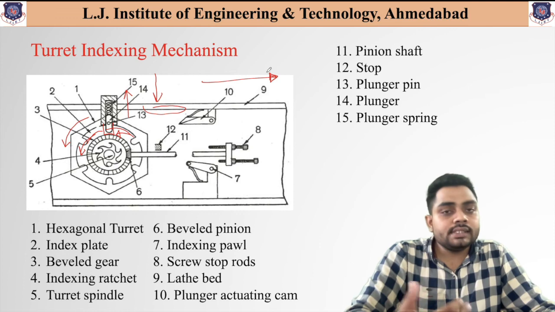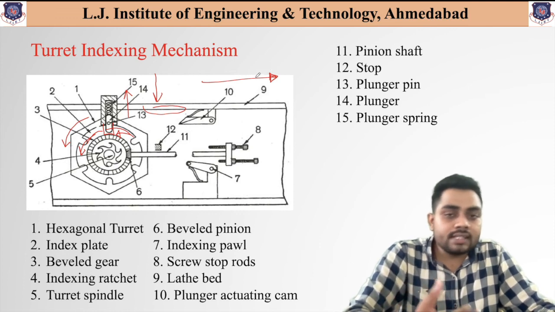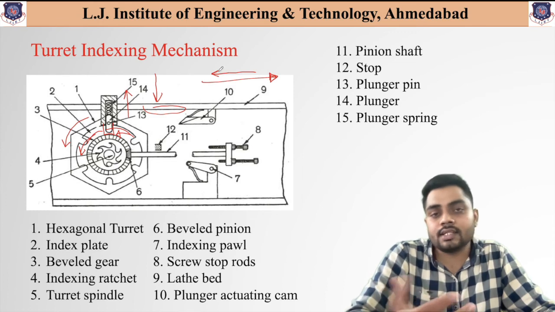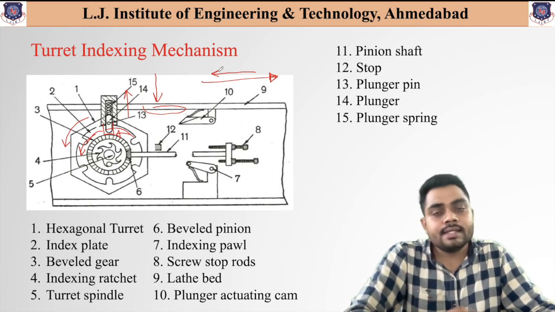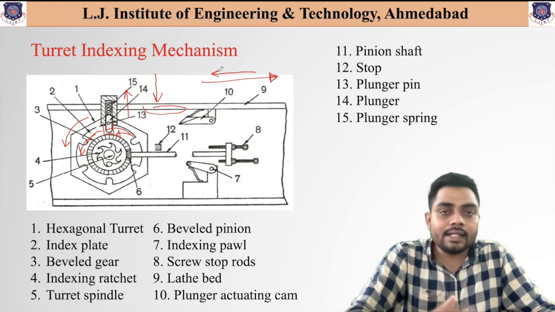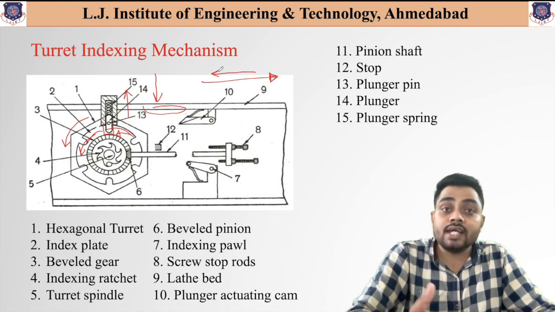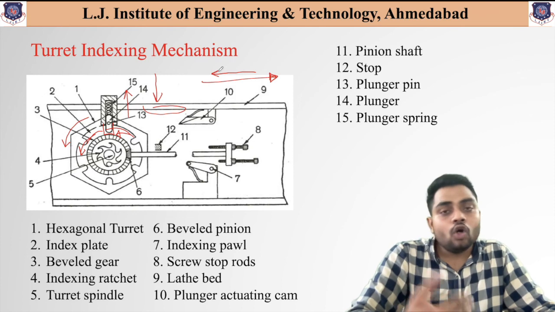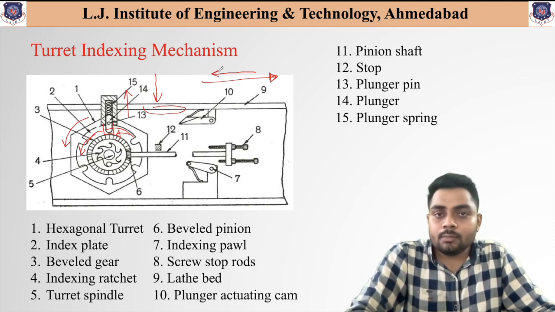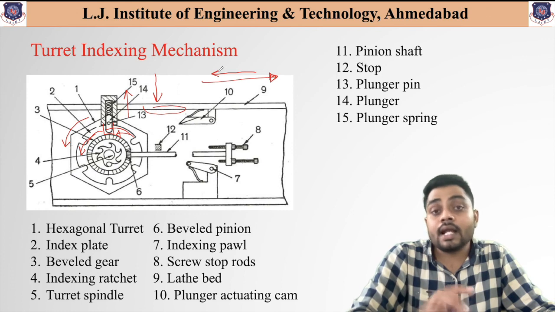When further processing starts, the tool is already changed and we can continue the processing easily. So this entire process is nothing but the direct indexing mechanism by which we are moving the cutting tool automatically based on the requirement. I hope you got clarity about this direct indexing mechanism and how it is useful.